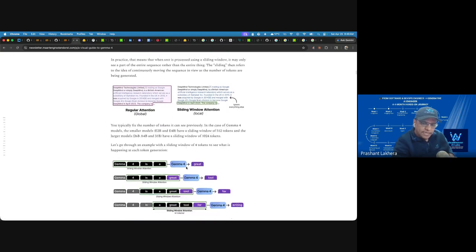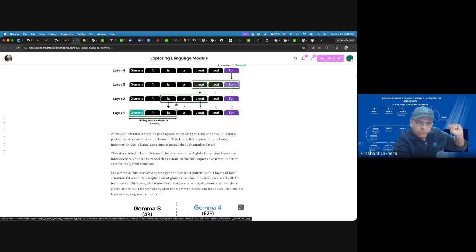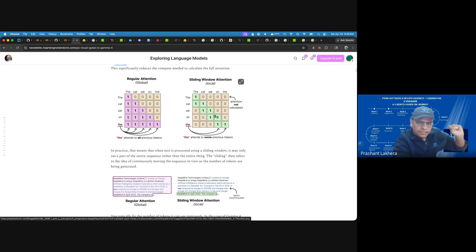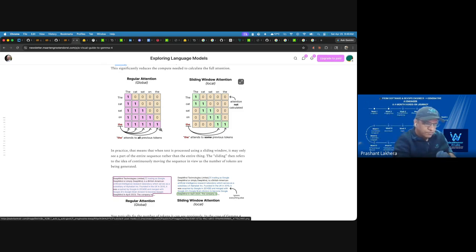So what Google did after that was introduce a mixed kind of window. The first thing is the sliding window, and then they introduced global versus local attention. That is the naming scheme they have used. Global means the old attention mechanism we have seen earlier, where the token can see all the past tokens.